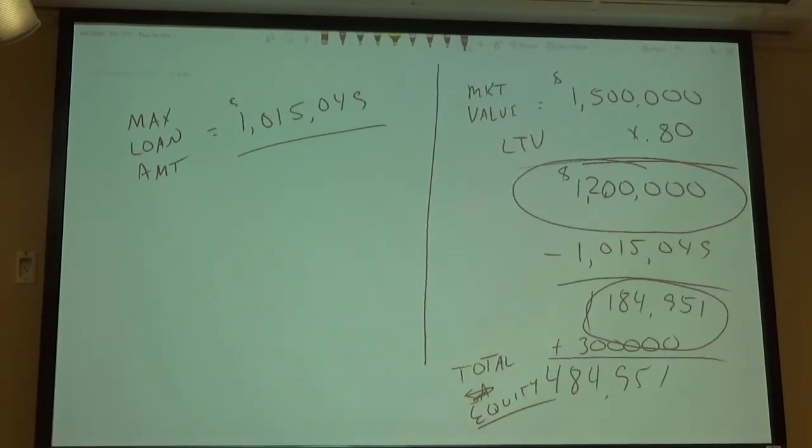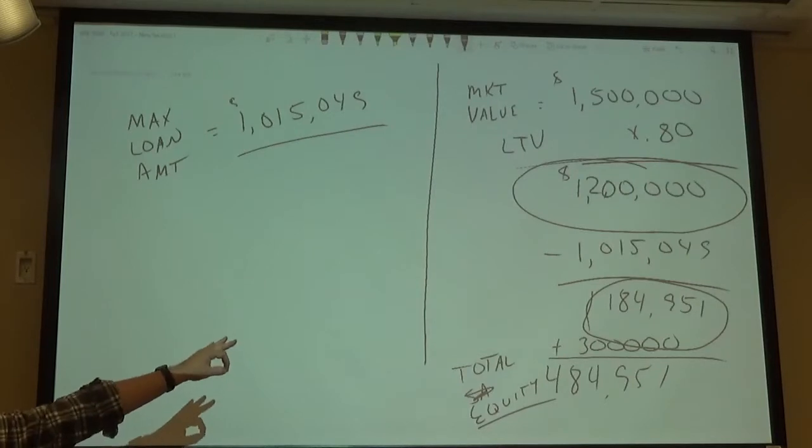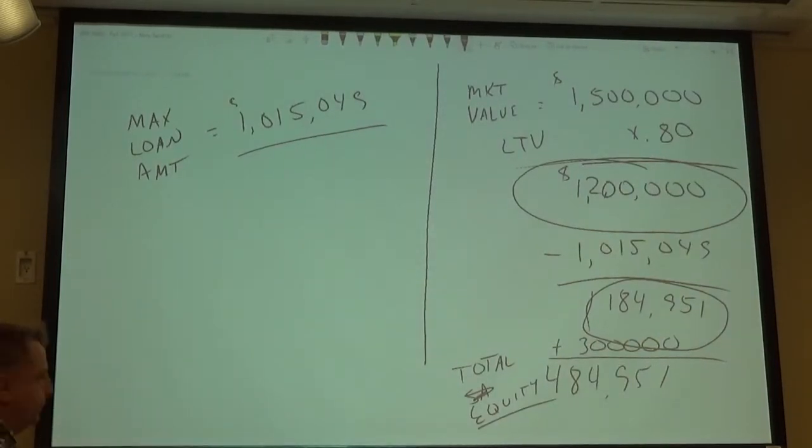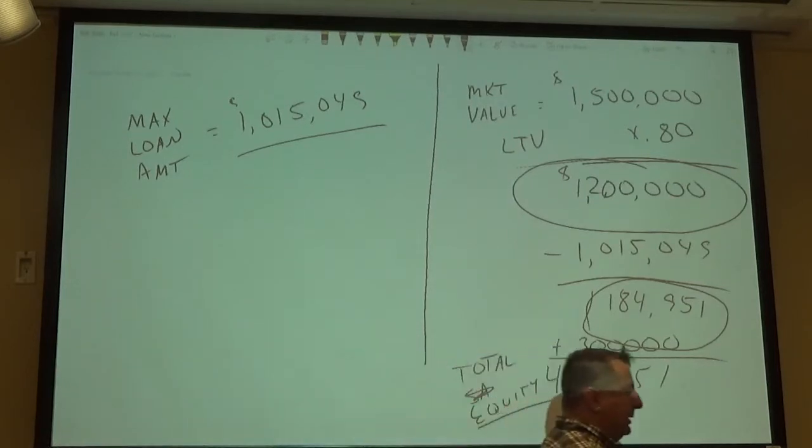That is not the focus of this class. The focus of this class is strictly, okay, here's how much we're borrowing, here's how much we need in equity. Does that make sense?